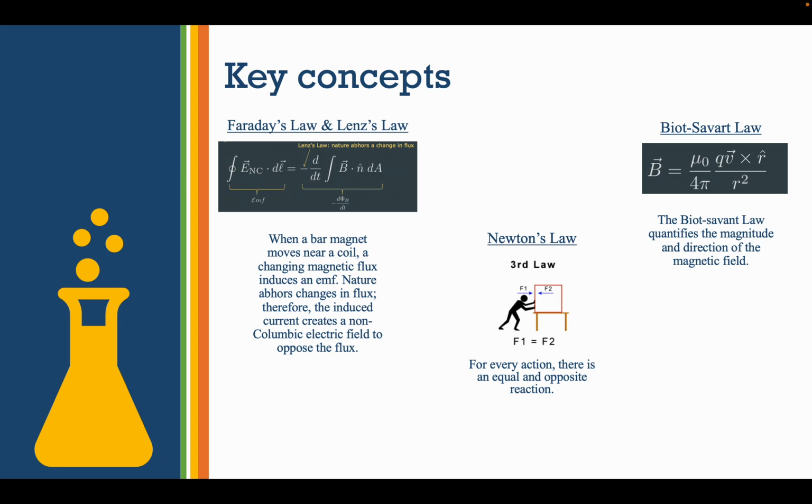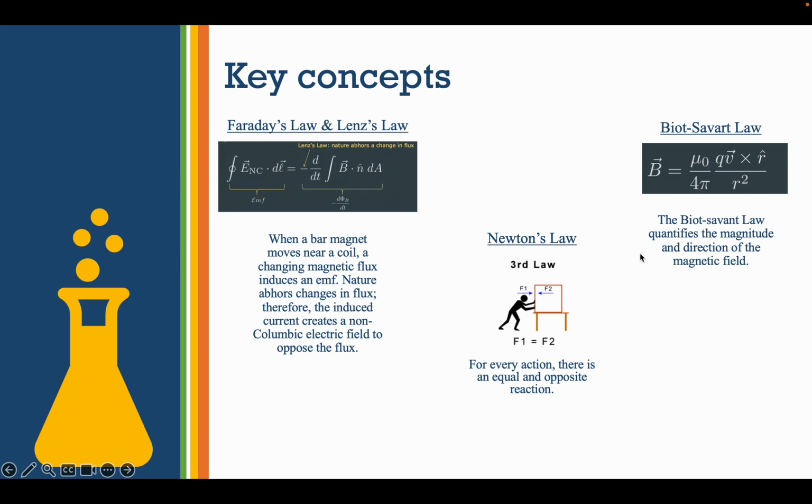So what are some of the key concepts that we're going to be covering in this lab? Number one, Faraday and Lenz's law. When a bar magnet moves near a coil, a changing magnetic flux produces an EMF, which is part of Faraday's law. Now, nature abhors this change in flux. Therefore, in order to oppose the change in magnetic flux, the induced current creates a non-Coulombic electric field to oppose the flux.